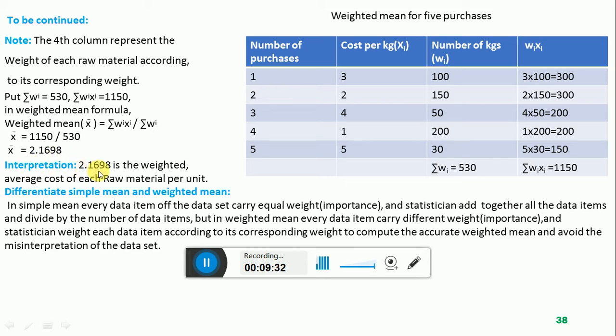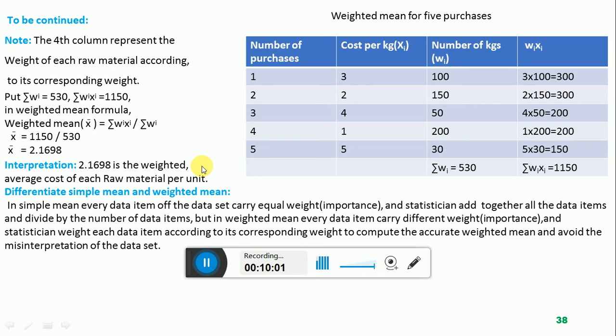Interpretation: $2.1698 is the weighted average cost of each raw material per unit, meaning per kg, because the measurement unit here is kilograms. So the purchasing agent will pay $2.169 per kg for every raw material to purchase it.